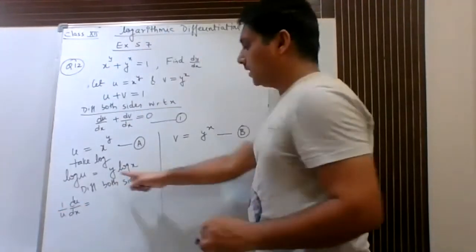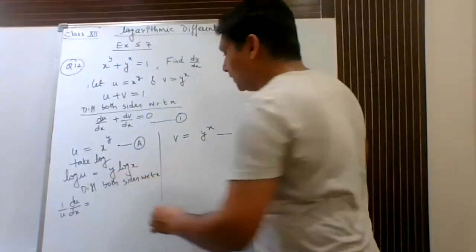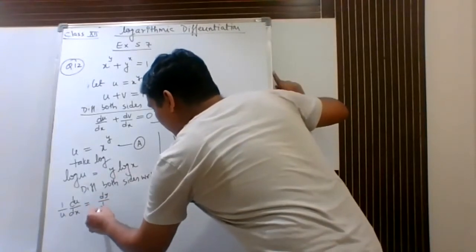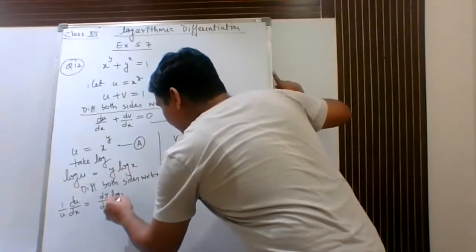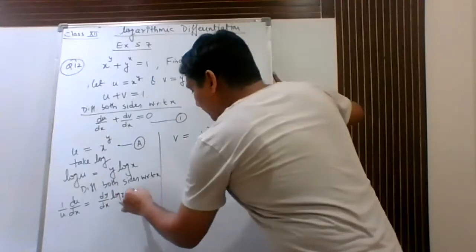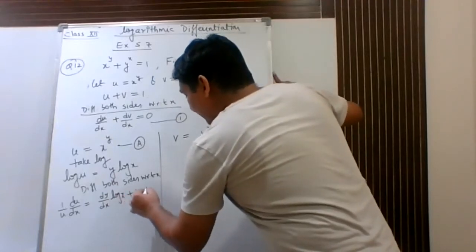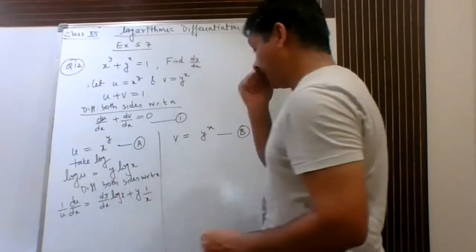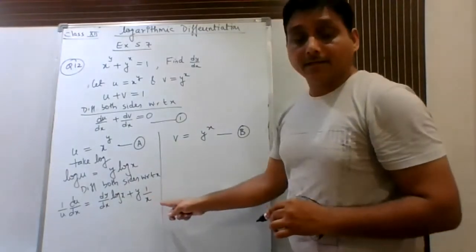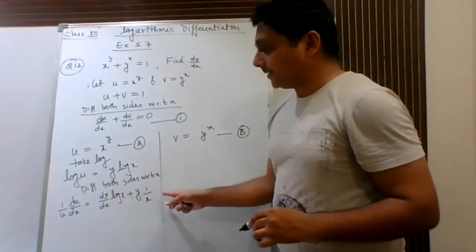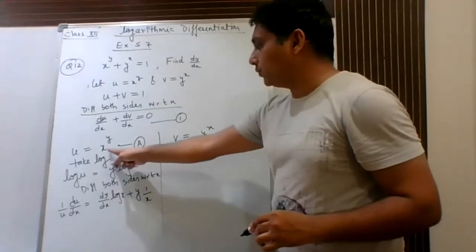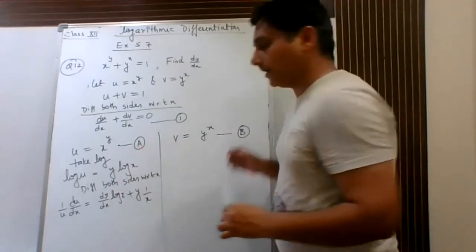that is equal to, now on this side you need to apply product rule. So derivative of y is dy upon dx, log x as it is, plus y as it is, derivative of log x is simply 1 by x. So this is what you will get. Now, you will just cross multiply this u and you will put the value of u as this x to the power y.